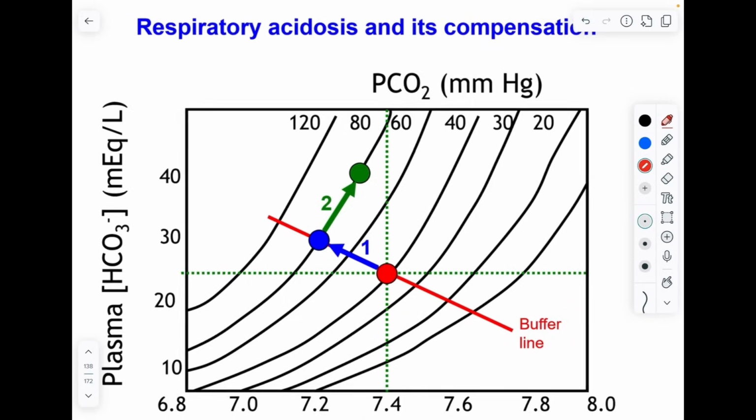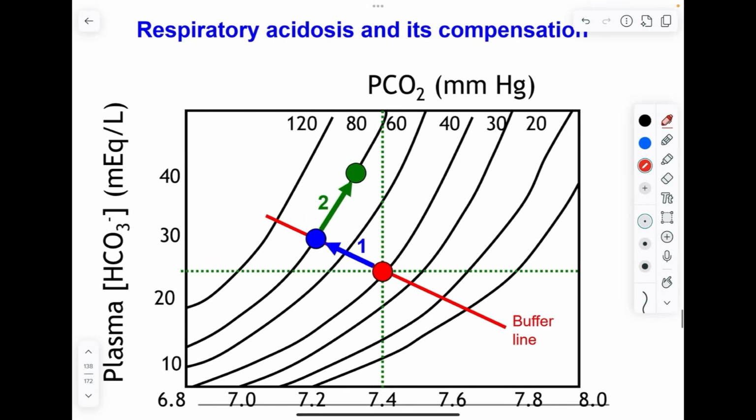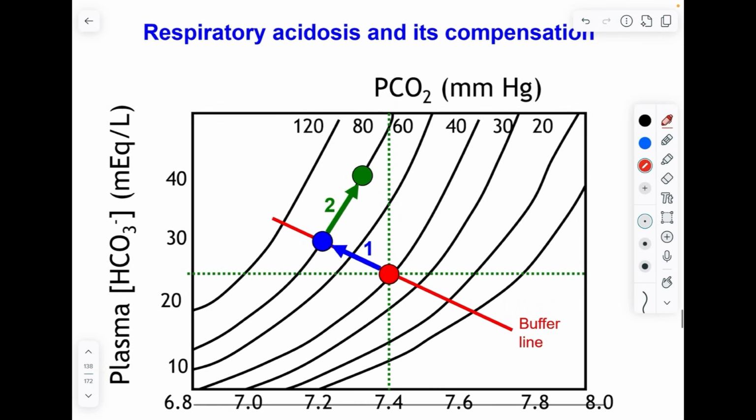Now, if you want to see that on the diagram, our beautiful diagram that you will be asked about in the final, do not forget it. At first, the patient had an increase in CO2, right? This is the first problem, the respiratory acidosis. He will go like this, but then the body compensated by increasing the HCO3 like this. You always go along the line that you are on.